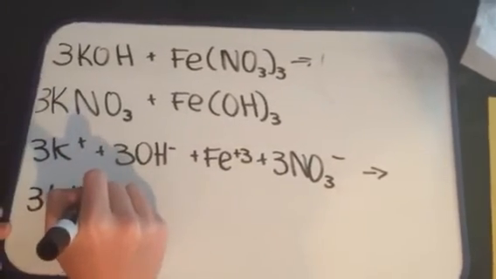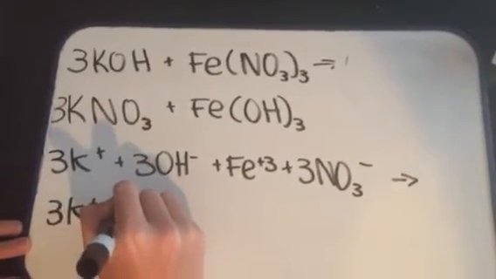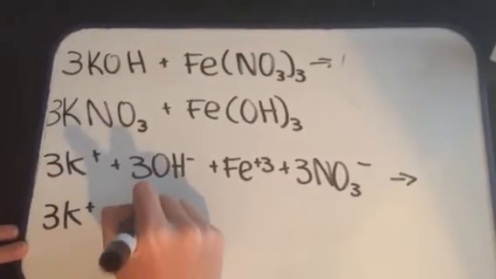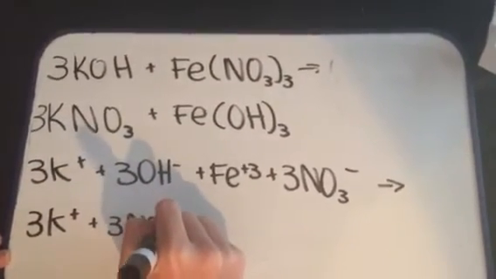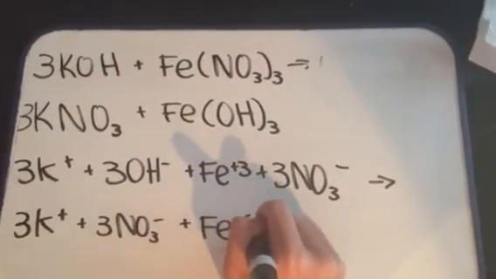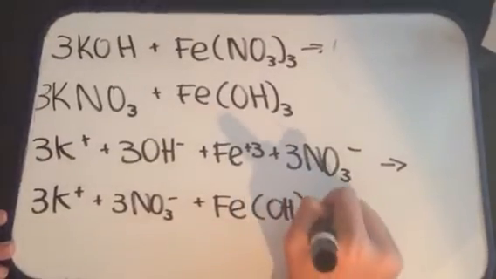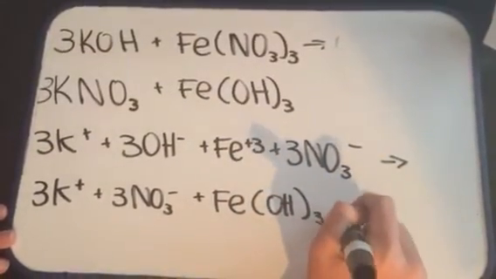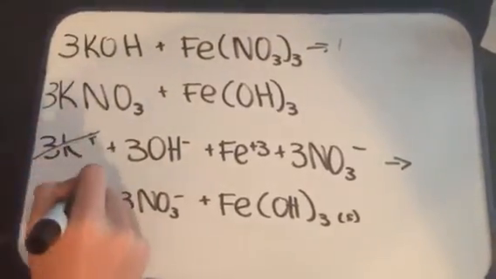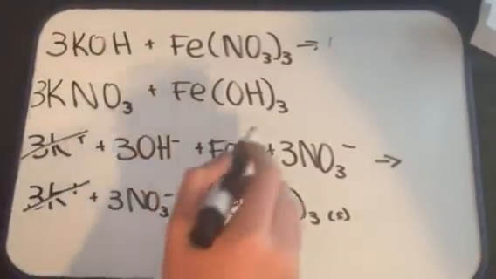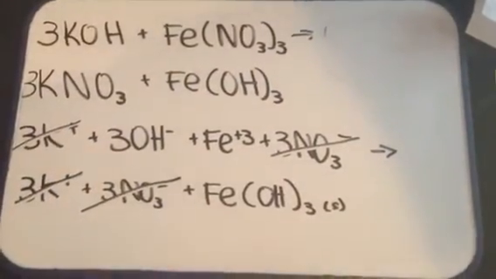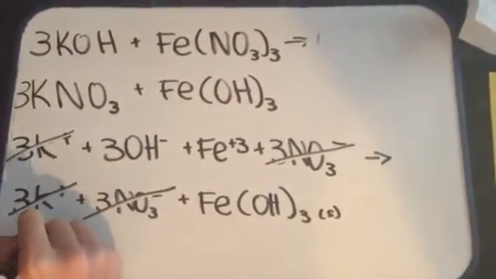And see how she's adding the balanced equation coefficients, so that there's 3 K plus and 3 OH minus. Fe is a plus 3, and then there's 3 NO3 minus. Okay. That's important. And then can you show us how you cross out the spectator ions? This is the same, and this is the same, and this is the same, and this is the same. Okay, so now let's write our net ionic equation.